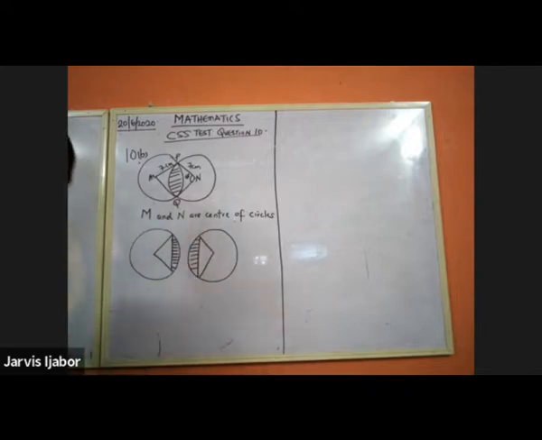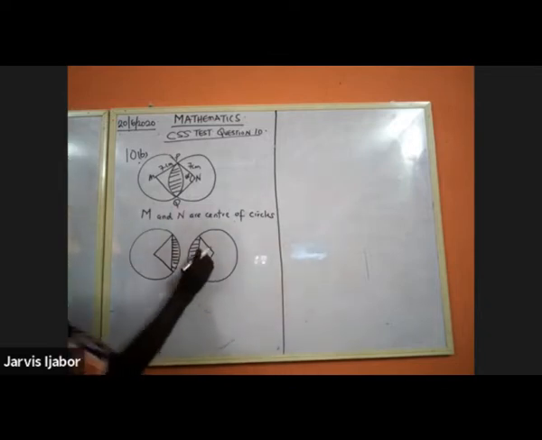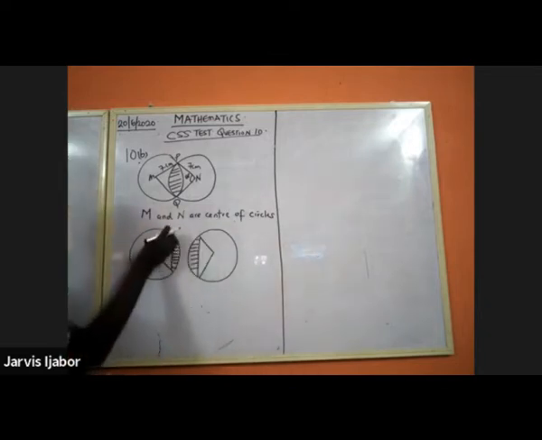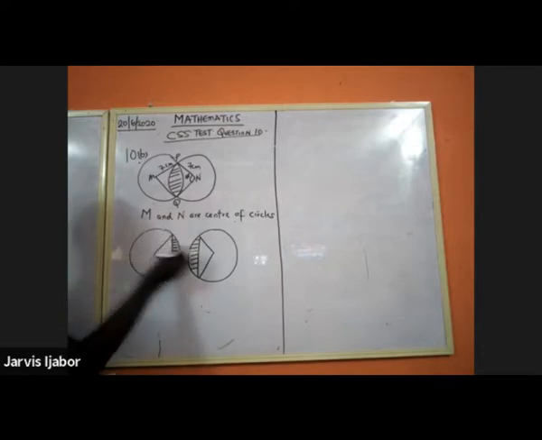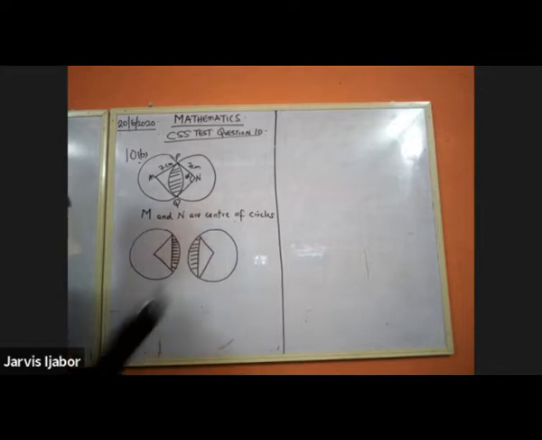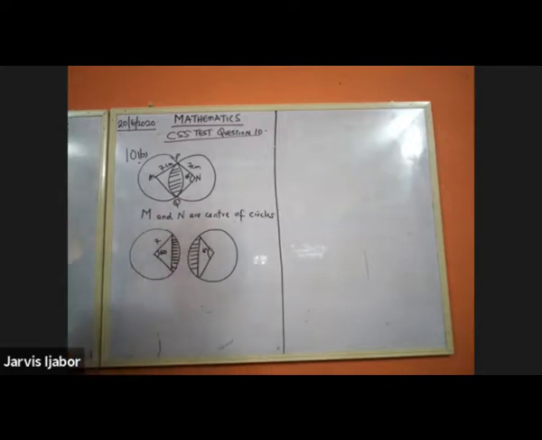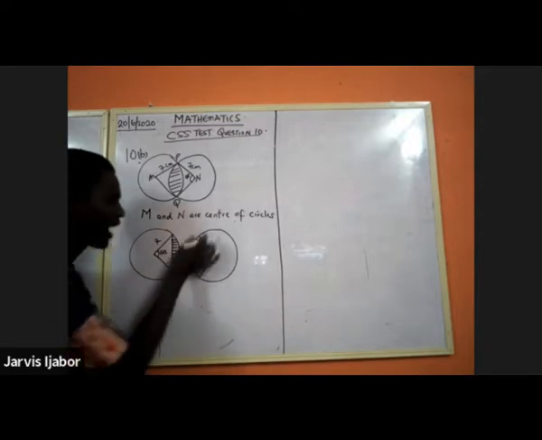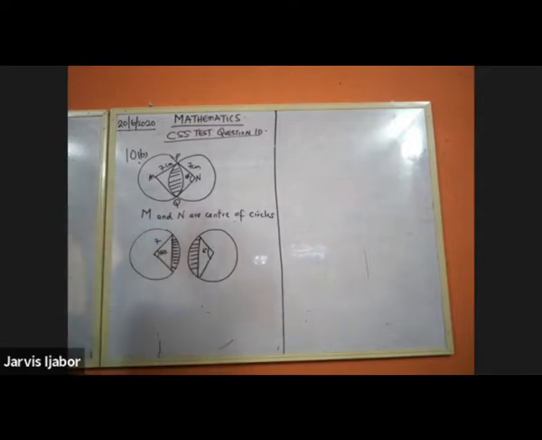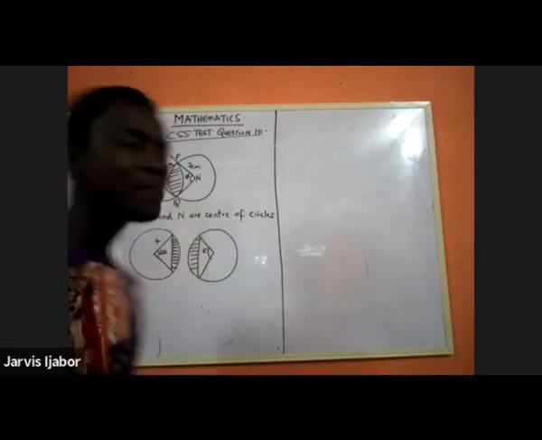So the segment you're looking for is this part hiding here, and this part was also hiding here. Since the radius is 7 and the angle is 60 degrees, they are the same. What you need to do is find the area of one segment and multiply it by 2, because they are essentially the same segment.